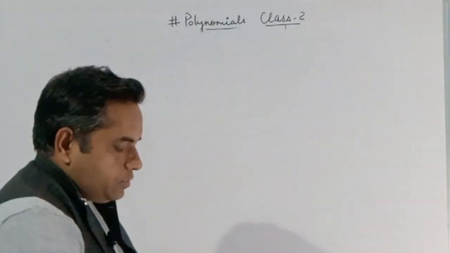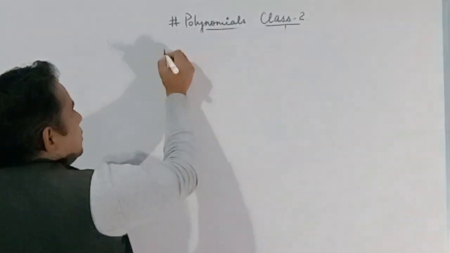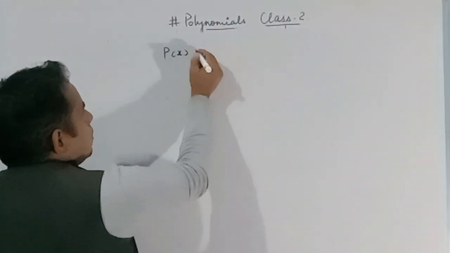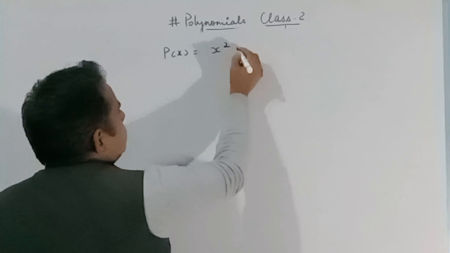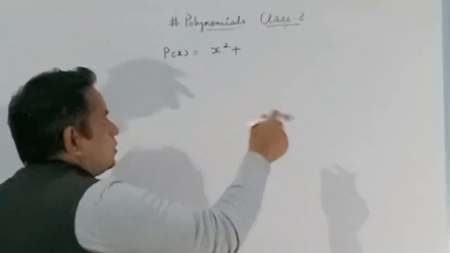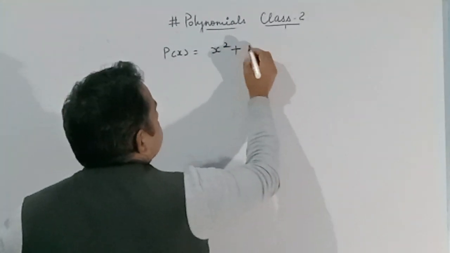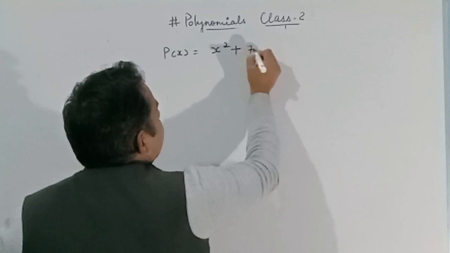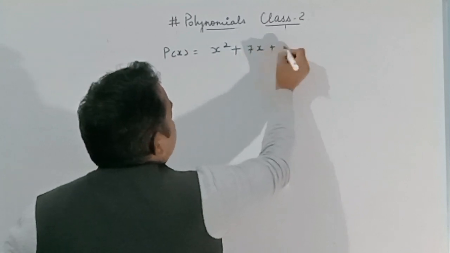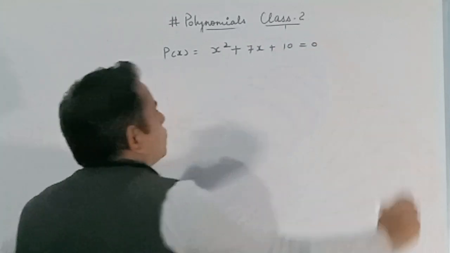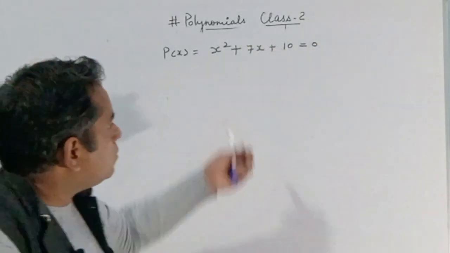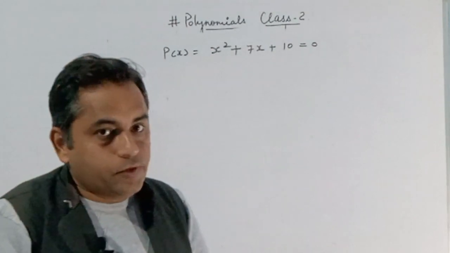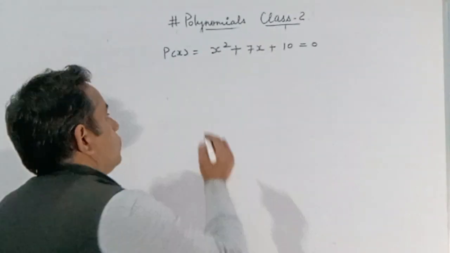Okay, let p(x) is equal to x square plus 7x plus 10 is equal to 0. We need to find the nature of the roots.